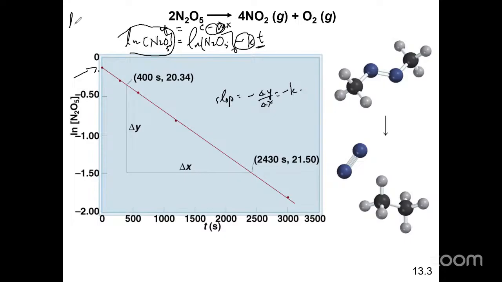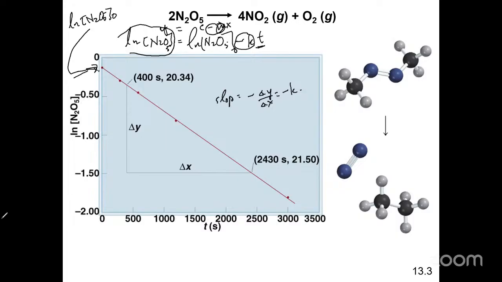So let me just put that here. The natural log of the initial concentration of N2O5 would be the y-intercept right there. And based on that, you'll be able to find out what the actual initial concentration of N2O5 is. So that's basically the graph of a real first order reaction and how you can determine the rate constant and the intercept on the y-axis.